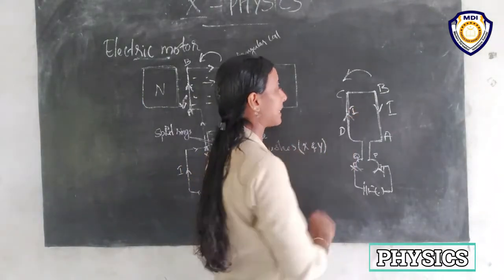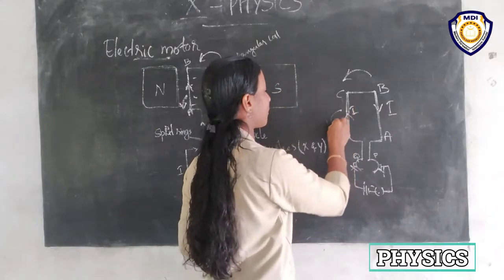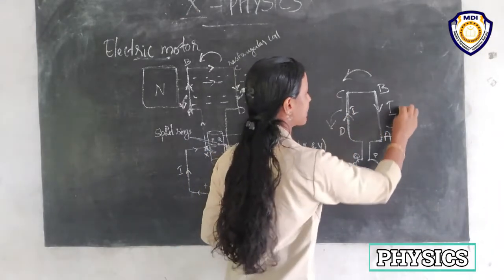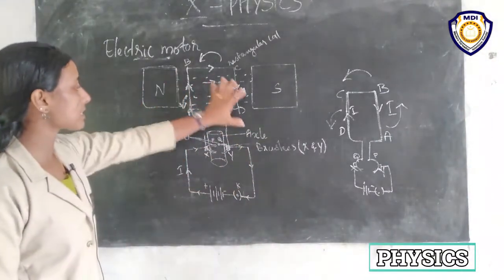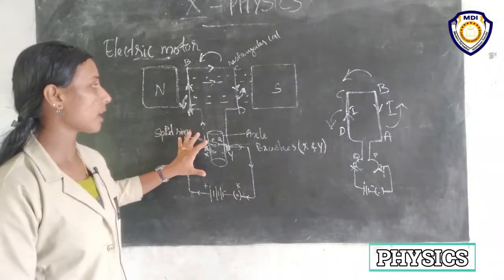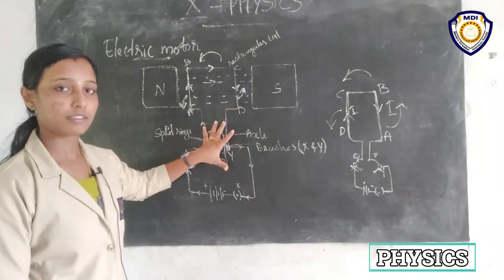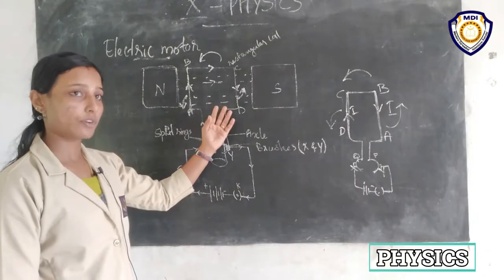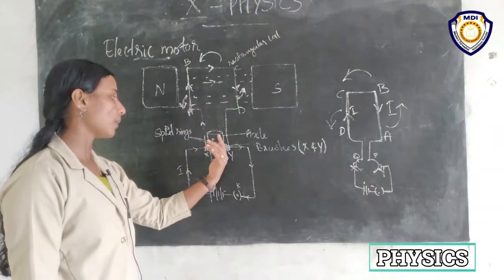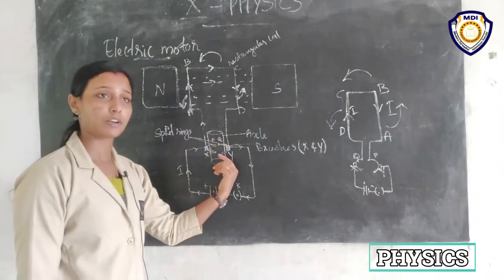Then CD experiences a downward force and AB experiences an upward force, right? All these components are just like this, but the armature coil after half rotation gets reversed, and the split rings also get reversed.